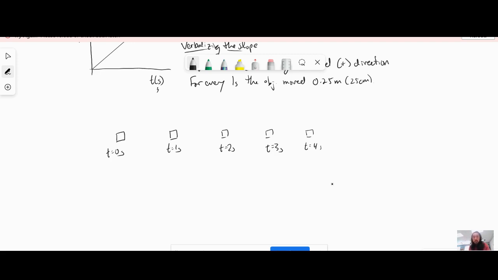So between post-it note 1 and post-it note 2, the distance between the two will be 0.25 meters. Between post-it note 2 and post-it note 3, that would be 0.25 meters. And we'll just do one more. Between post-it note 3 and post-it note 4, it will be another 0.25 meters.